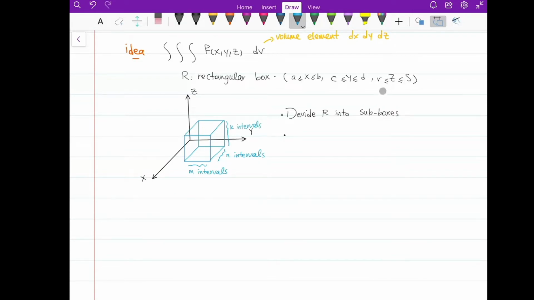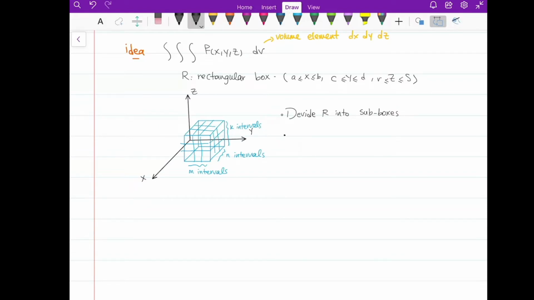In that case, we make very, very small boxes in here, something like this. I ruined my shape, but that's okay.